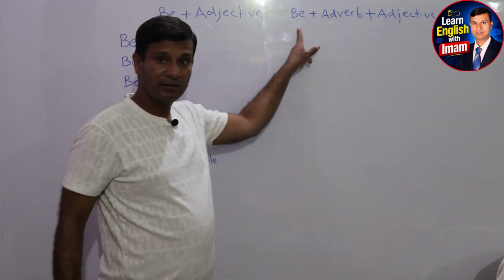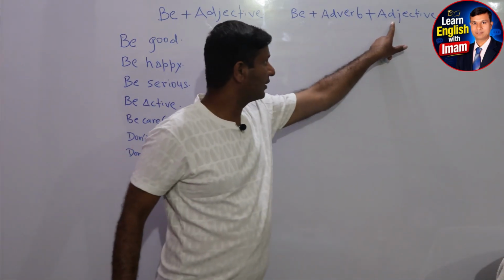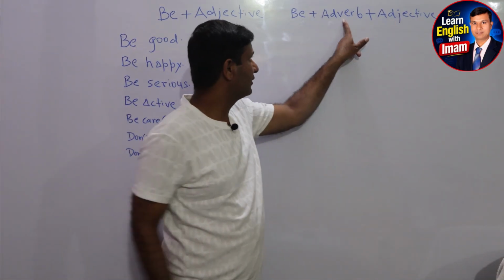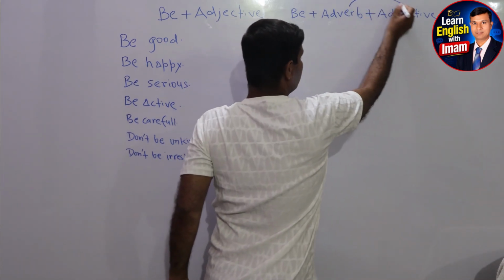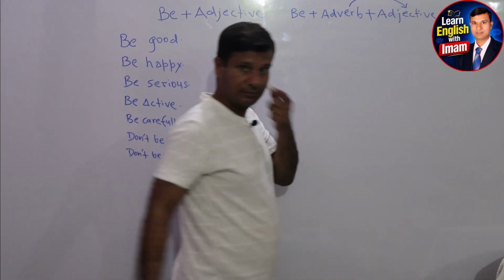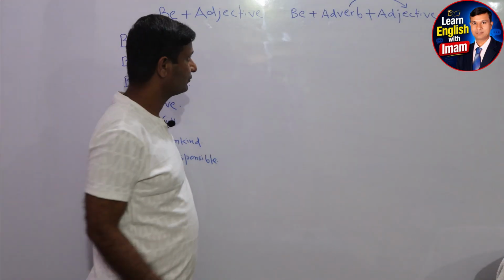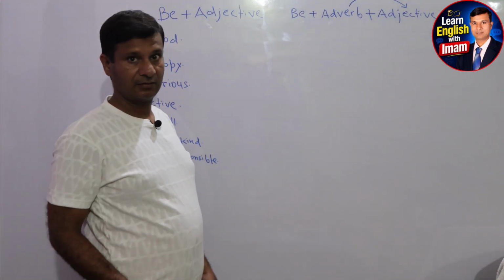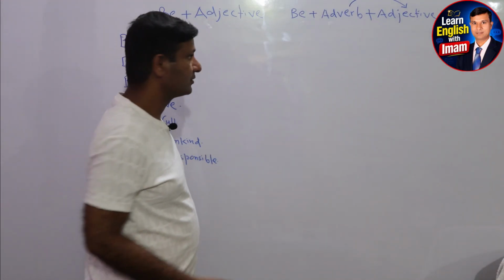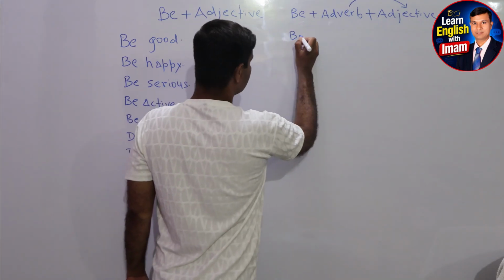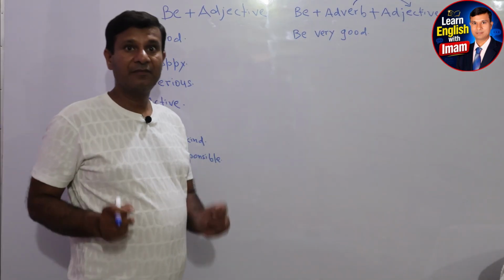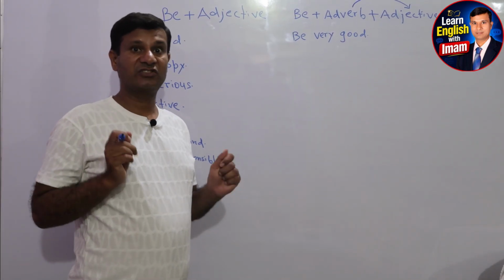We have here be plus adverb plus adjective. This adverb will modify this adjective, right? Let's understand from a few examples. Be very good, बहुत अच्छा बनो.